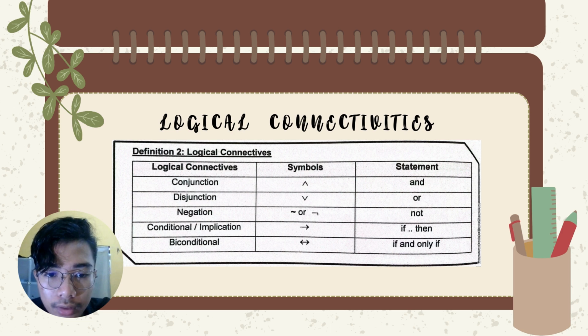We use it for the NOT statement. For the fourth logical connective, we have conditional or implication. We use it for the if-then statement. The fifth logical connective is biconditional. We use it for the if and only if statement.